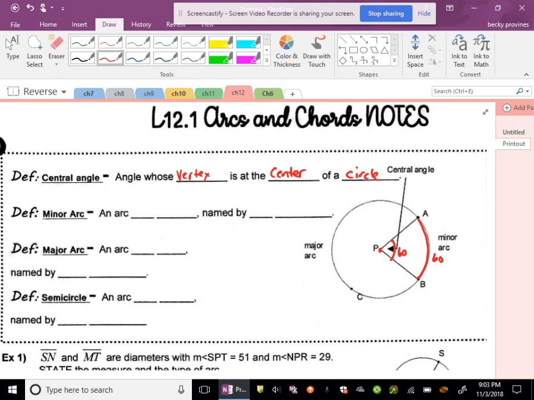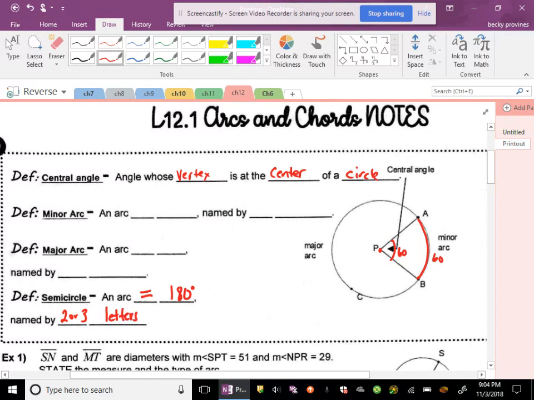Hopefully you're saying 360. So if it's half of a circle, let's go ahead and define semicircle real quick. A semicircle is an arc that equals 180 degrees, and this can be named by 2 or 3 letters.